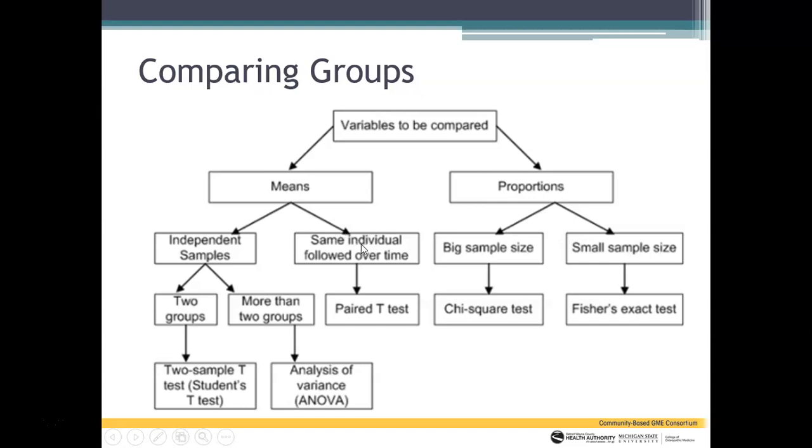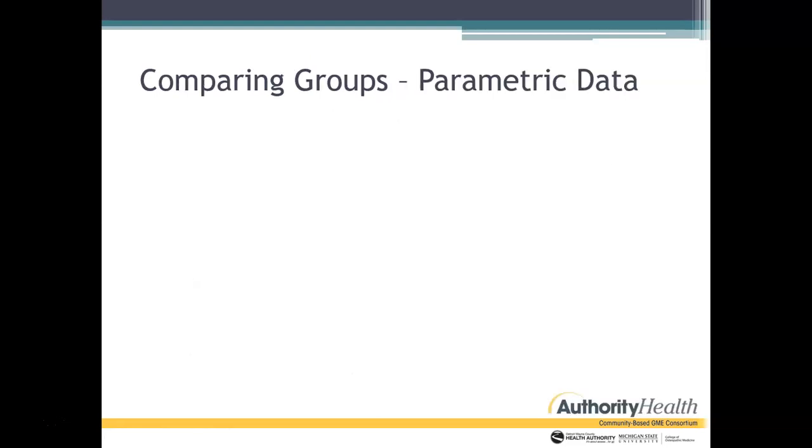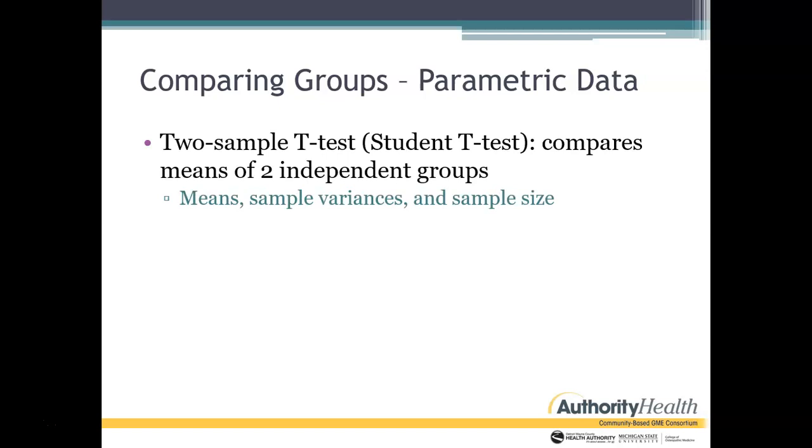Now, if you're looking at the same individual's results over time, then you can do a paired t-test, which just means they're from the same individual. Now, proportions, if the sample size is larger, we're going to look at chi-squared, and if it's smaller, it's just Fisher's exact test. So let's keep going. So looking at parametric data, which remember is our mean, is our bell curve.